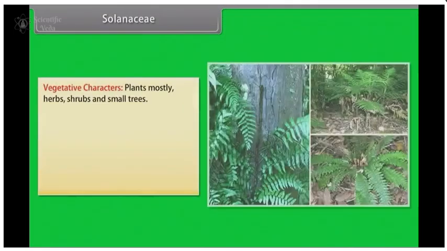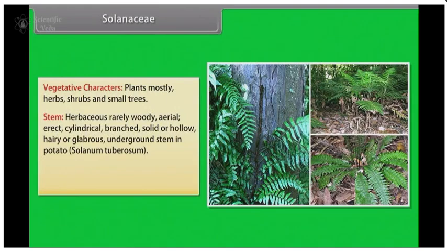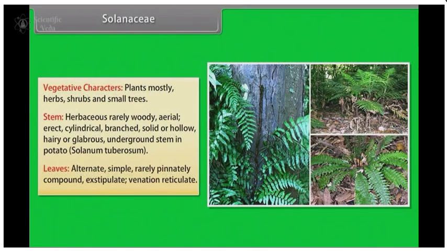Vegetative characters: plants mostly herbs, shrubs, and small trees. Stem: herbaceous, rarely woody, aerial, erect, cylindrical, branched, solid or hollow, hairy or glabrous, underground stem in potato, Solanum tuberosum. Leaves: alternate, simple, rarely pinnately compound, exstipulate, venation reticulate.